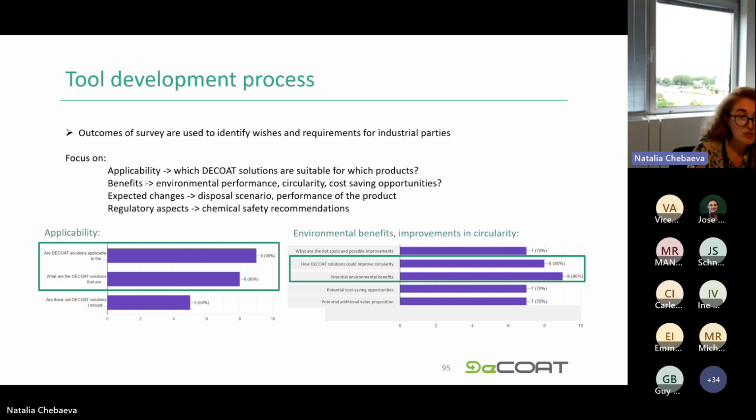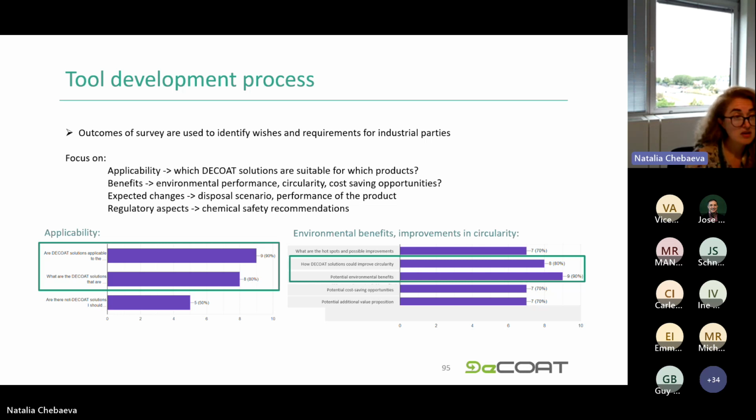How we went about the population of the advice is we went back to our industrial partners and to our technical partners and developed, in a questionnaire and a series of workshops, the main points that are of interest for the industries: why are we using an eco-design tool, how are we using it, and what are the main points that we need to consider in the information that we're providing.